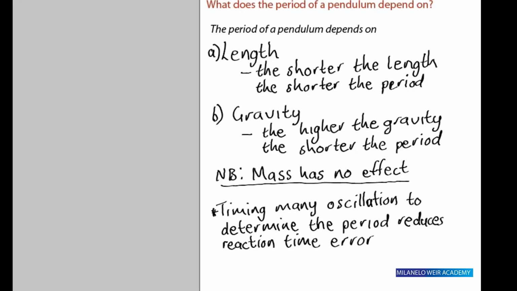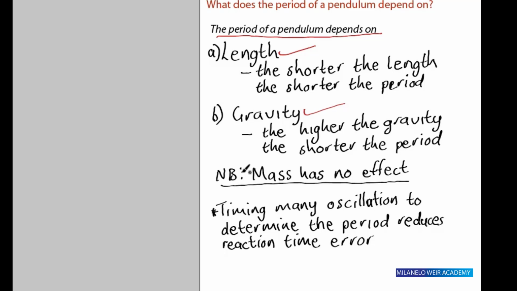So in summary, we are saying the period of a pendulum depends on the length. The shorter the length, the shorter the period, and vice versa. Meaning, if the length is longer, the period will be longer. Then gravity: the higher the gravity, the shorter the period.